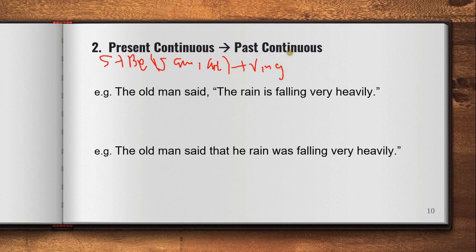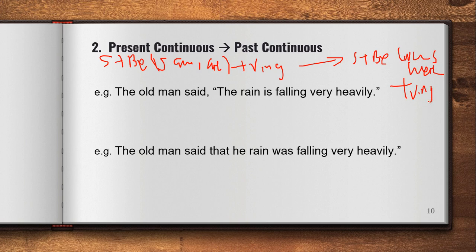But if you want to change it into the indirect, you have to change it to the past continuous: subject plus was, were, plus verb-ing.